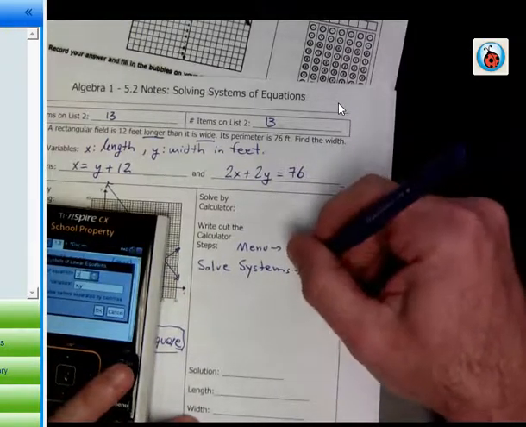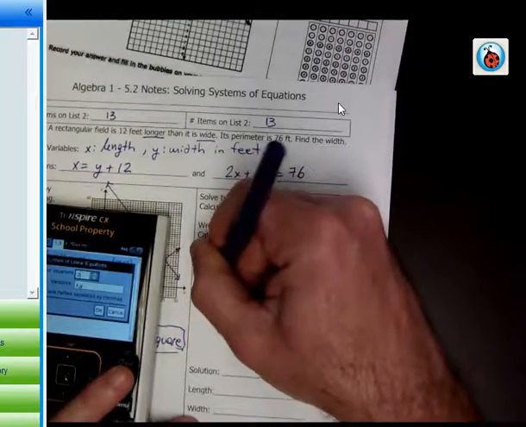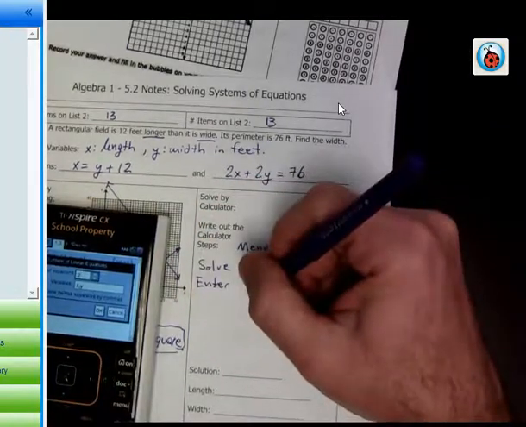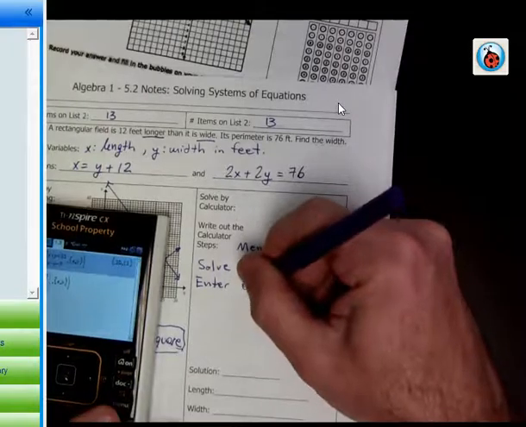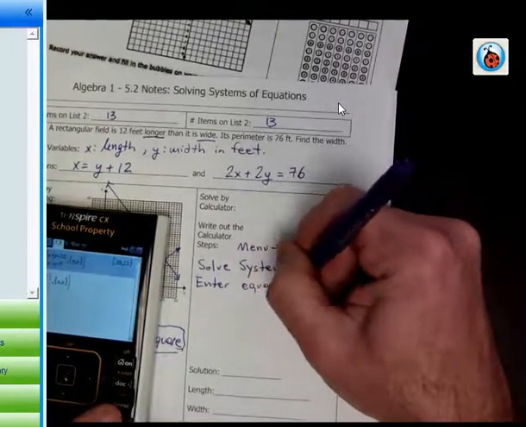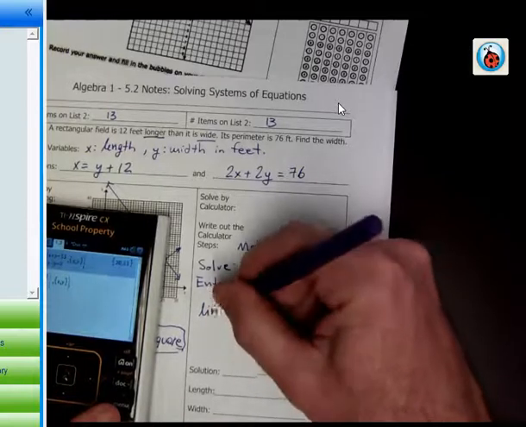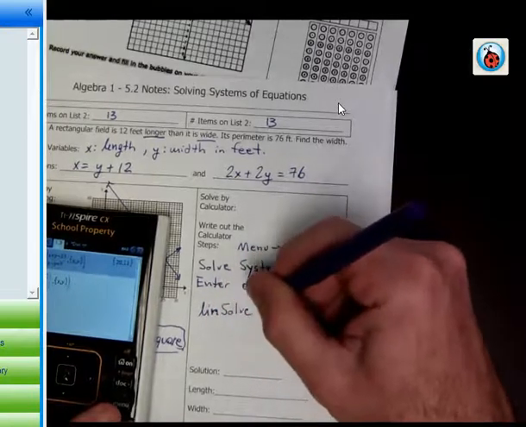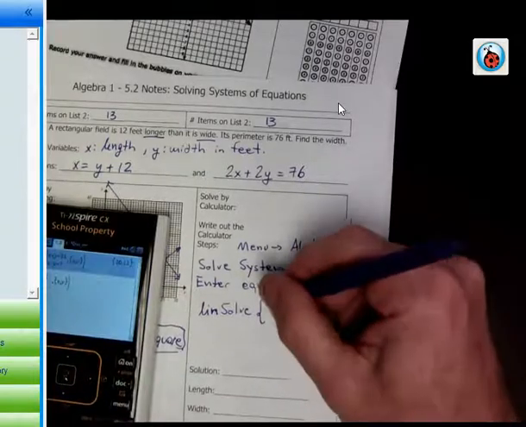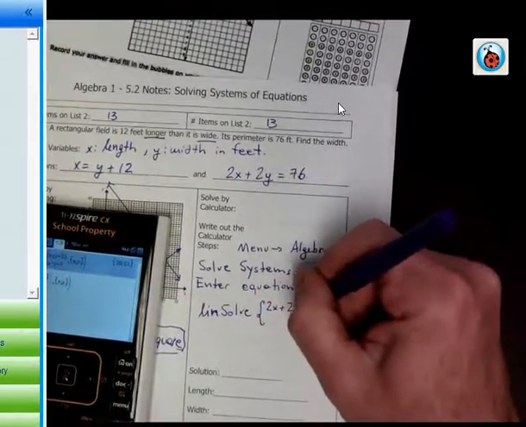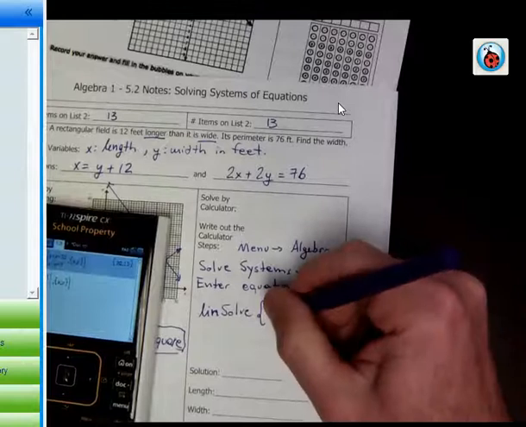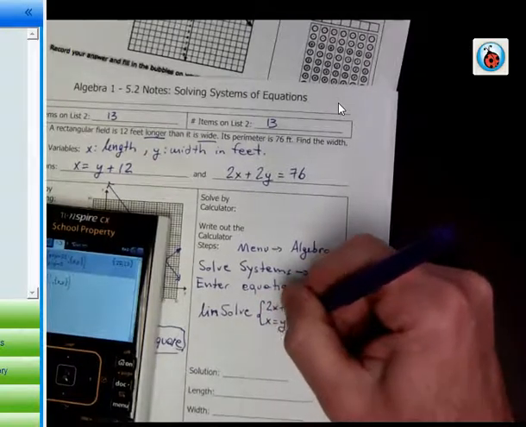Menu, algebra, solve systems, enter equations. So I got linear solve, and it looks like 2x plus 2y equals 76, and we have x equals y plus 12.